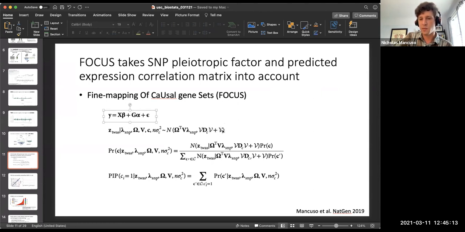This corresponds to the covariance across the test statistics due to LD patterns and finite sample size, and here's the correlation across the test statistics due to whatever is actually causal at the locus. This is under a normal prior.